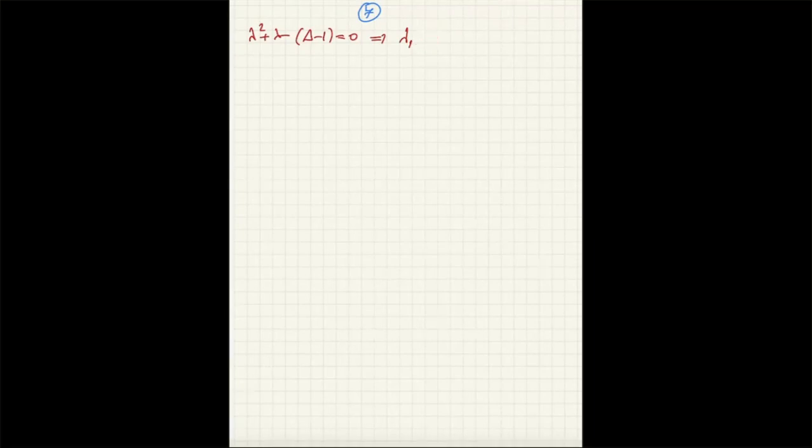Lambda could equal, let's denote the first one by theta, minus 1 plus the square root of the discriminant, which is 4 delta minus 3, over 2. The discriminant is positive as delta is greater than or equal to 2. And the other one is minus 1 minus the square root of 4 delta minus 3, over 2. So these are the possibilities. Okay, what we showed is that if lambda is an eigenvalue, then lambda could be one of these two.